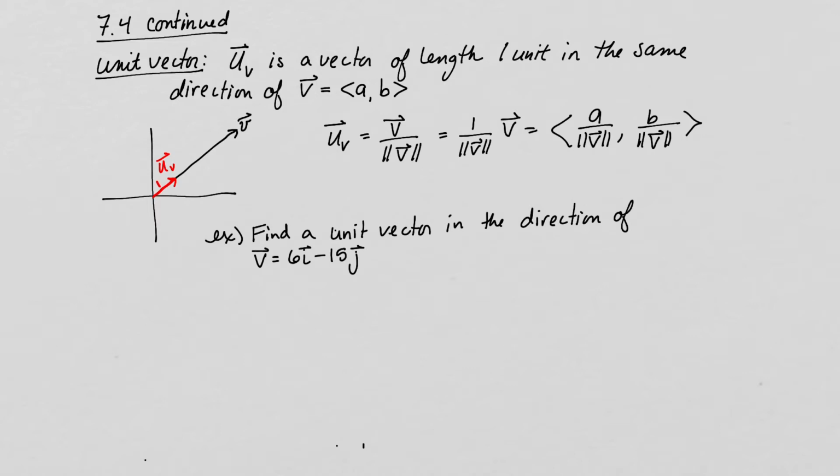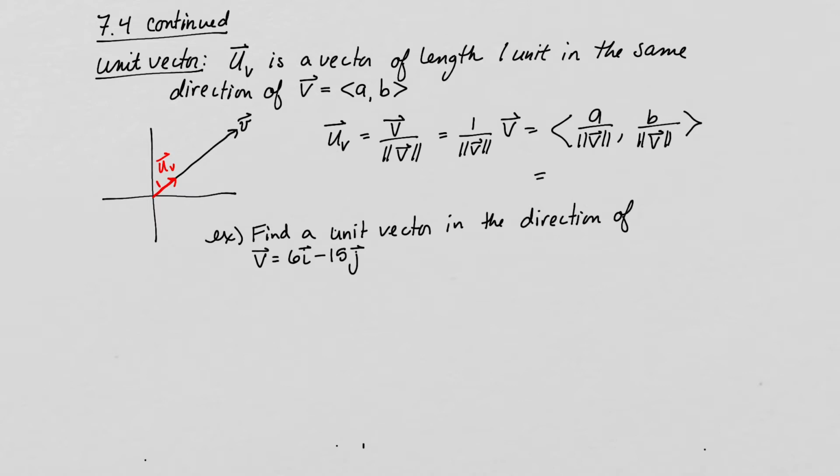And you'll notice that here I didn't write the vector in component form. That's okay. We're allowed to go back and forth between ij form and component form. Some of the problems on ALEKS will tell you how they want the vector written. The other rule of thumb is if they don't tell you how they want the vector written, however they give it to you is how they want the answer. So in this case, since we were given the i and the j form, we want our answer to be in the i and the j form.